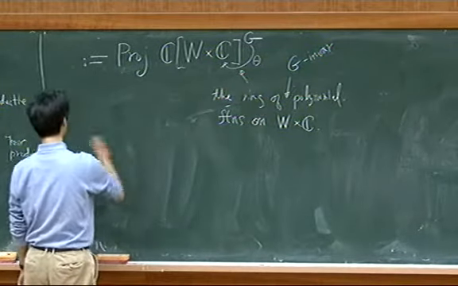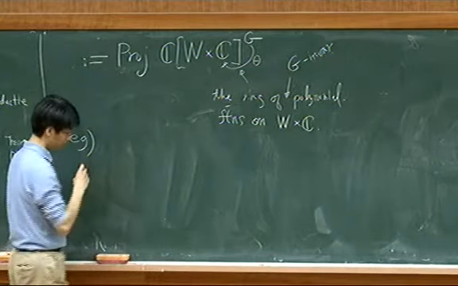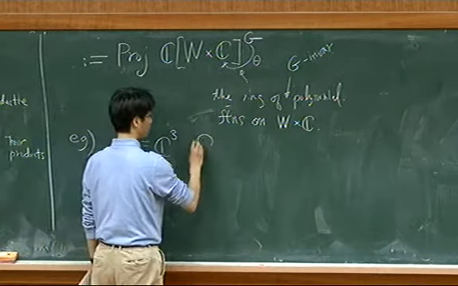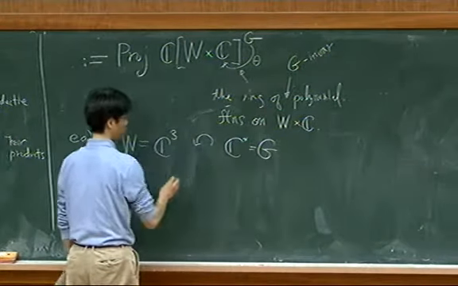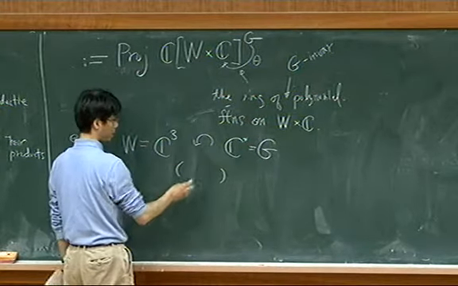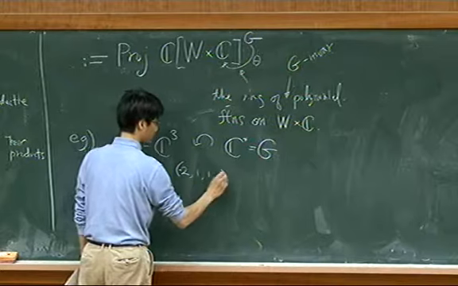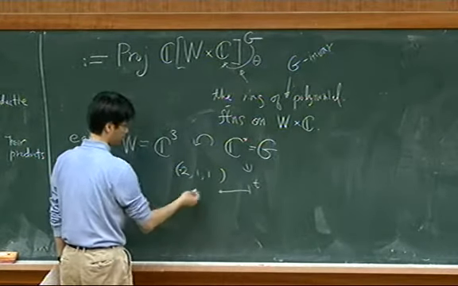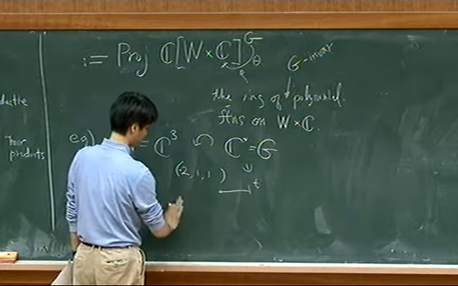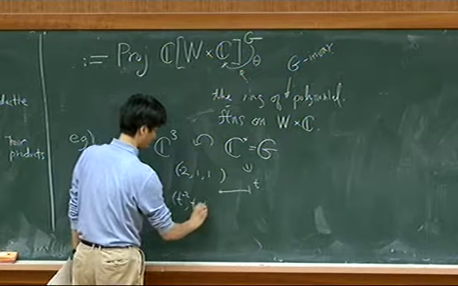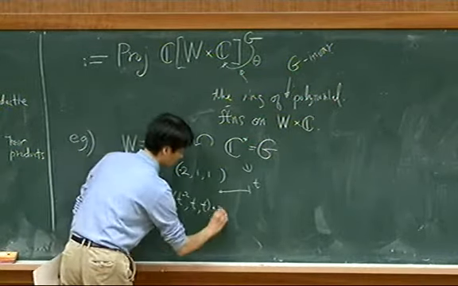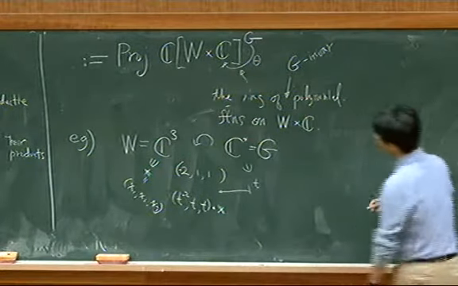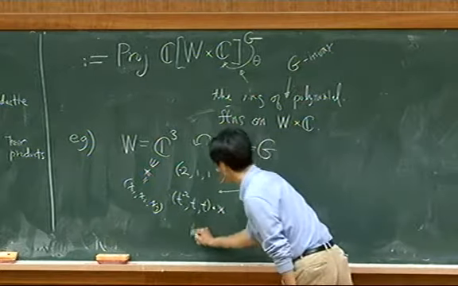So maybe I have to give some examples. W is just C^3 acted on by C star, that's our G, with the character 2, -2, 1, 1. So here, this means that t is going to act by multiplication by exponential of t to the 2, t to the -2, t and t. Then take theta to be just the identity.